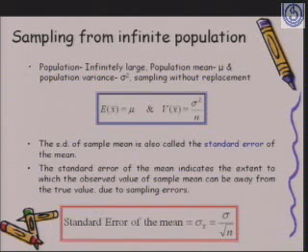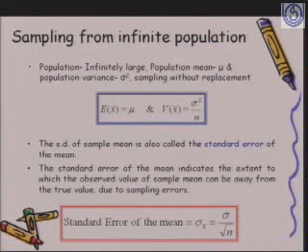The standard deviation of the sample mean is also called the standard error of the mean. So the standard error of the mean indicates the extent to which the observed value of the sample mean can be away from the true value.